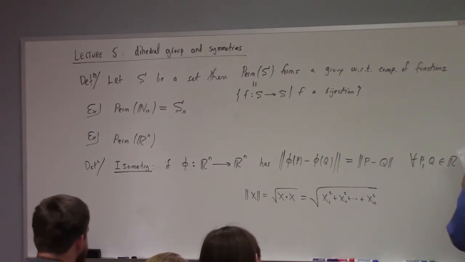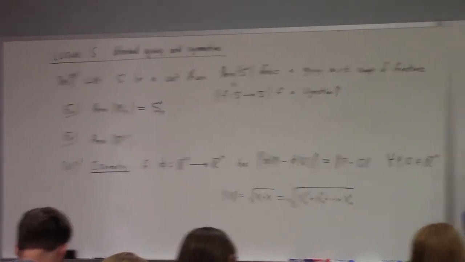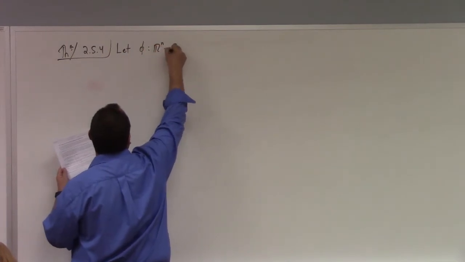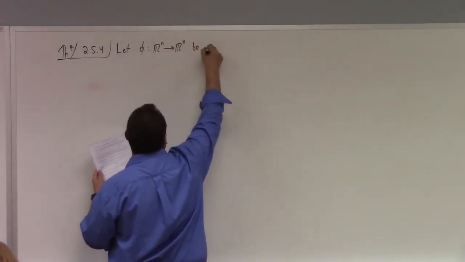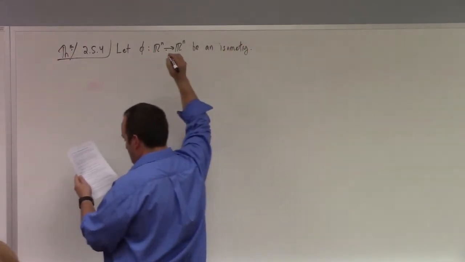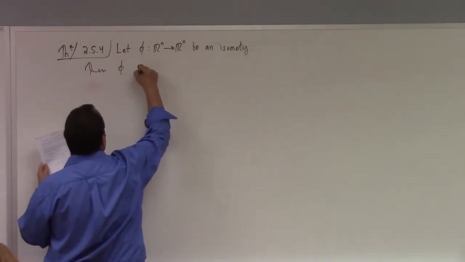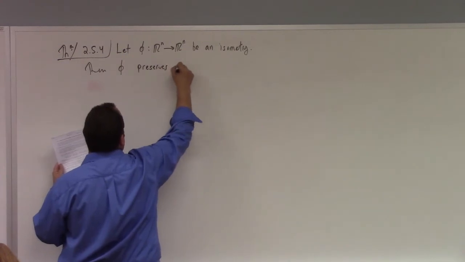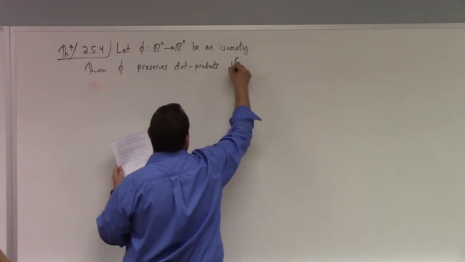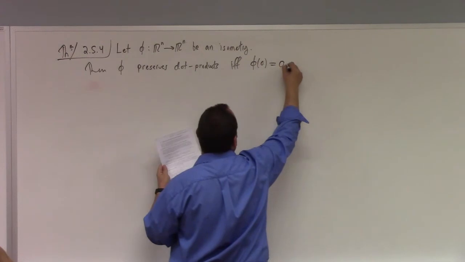Theorem 2.54. Let phi from Rn to Rn be an isometry. Then phi preserves dot products if and only if phi of 0 is equal to 0.